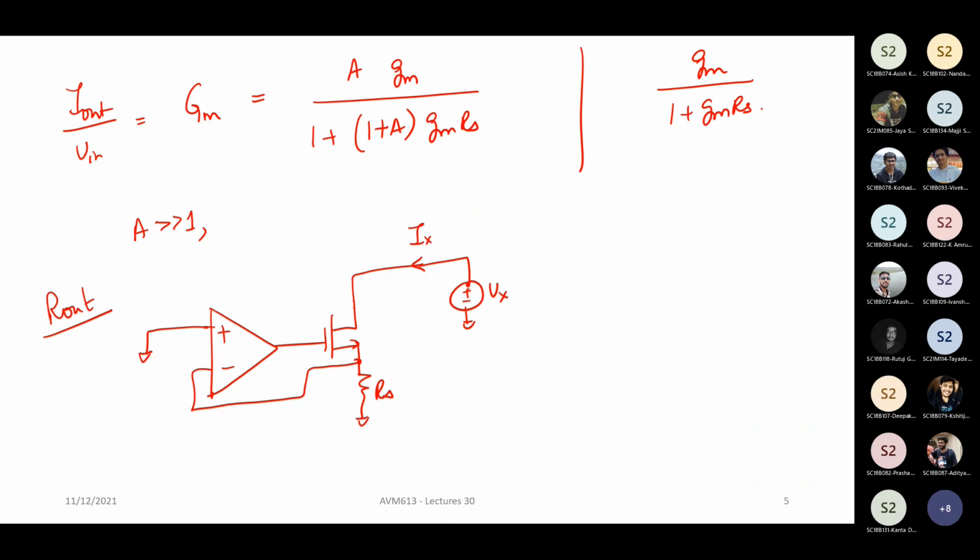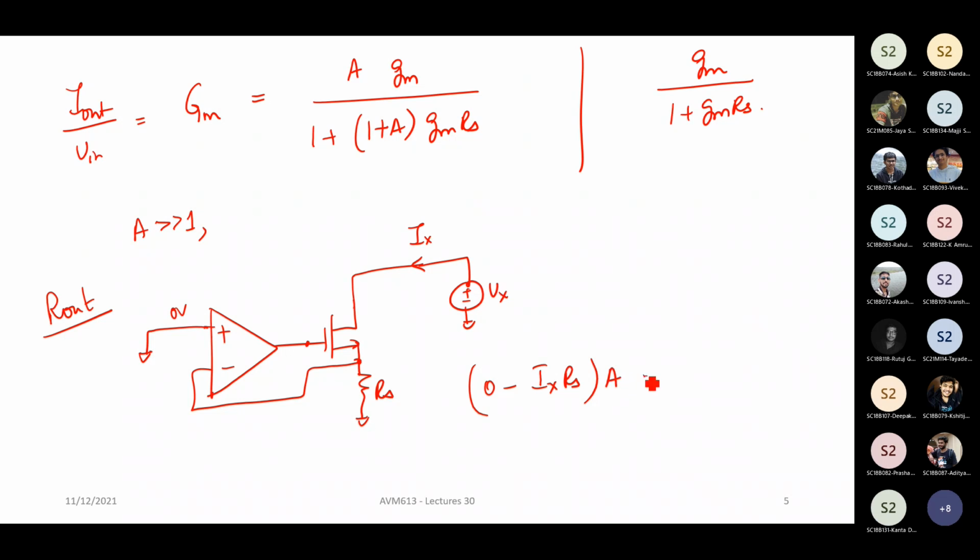Basically, you can do the same kind of thing. You say that this node voltage is 0, and therefore the gate voltage at this particular point is nothing but 0 minus Ix times Rs. This multiplied by A is the gate voltage there.